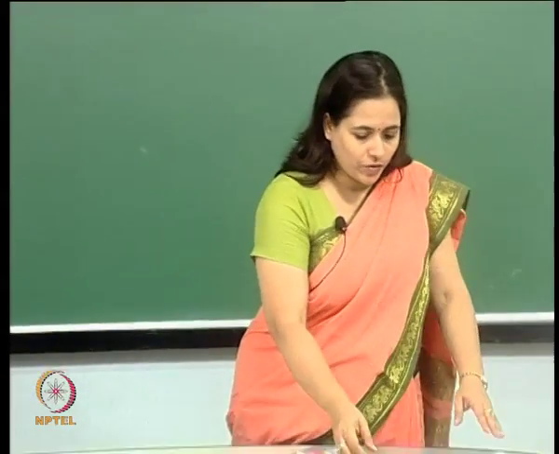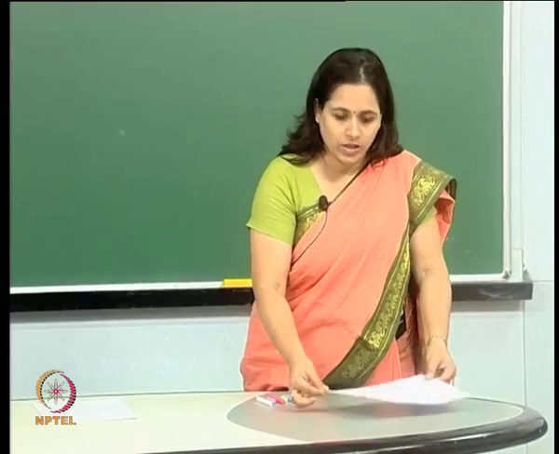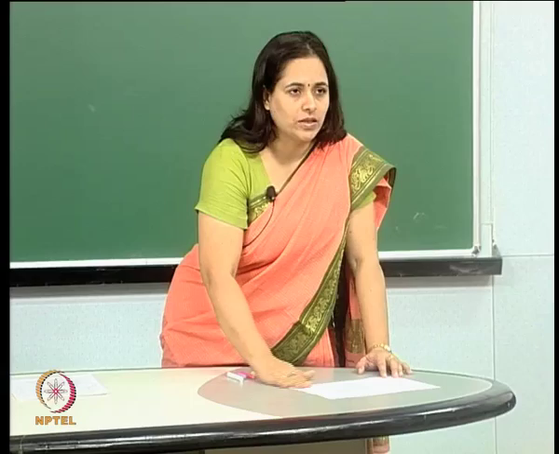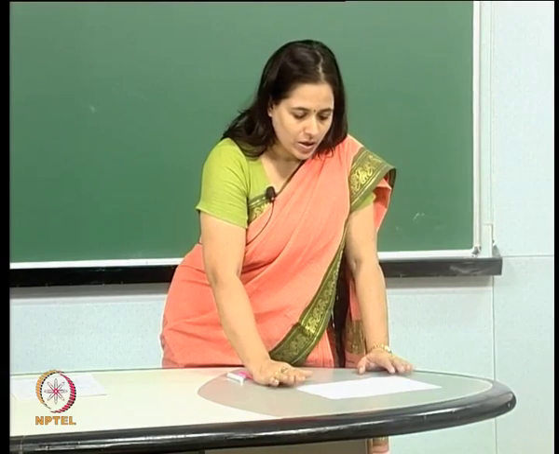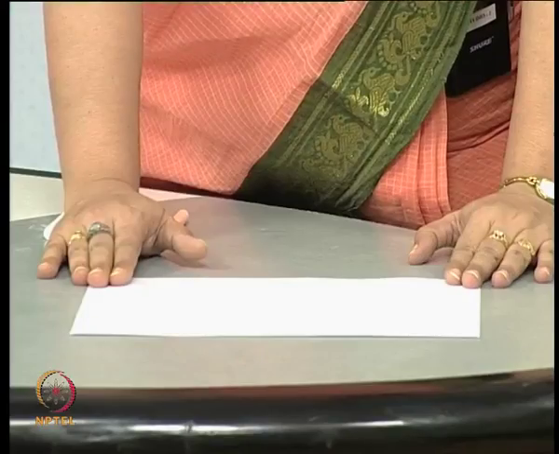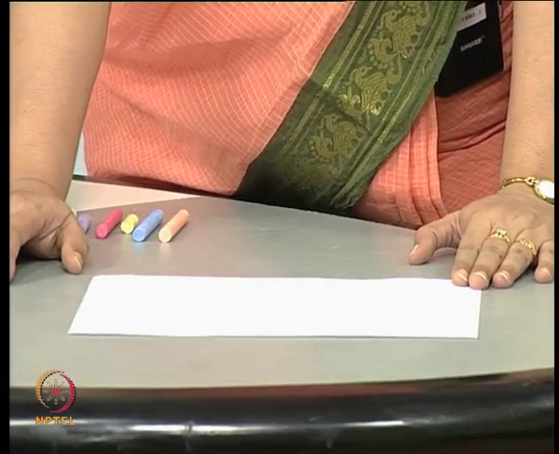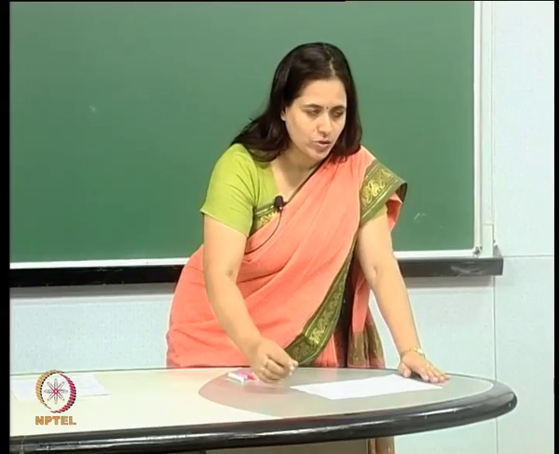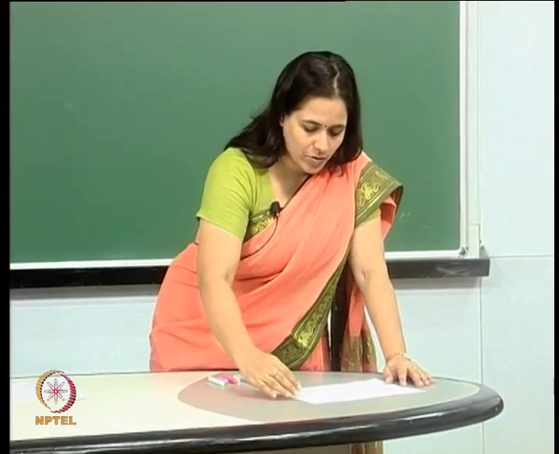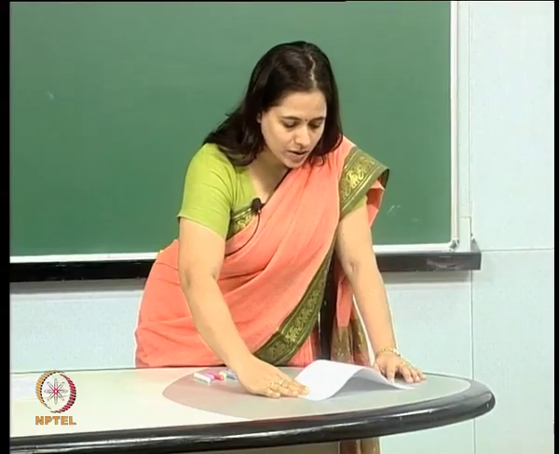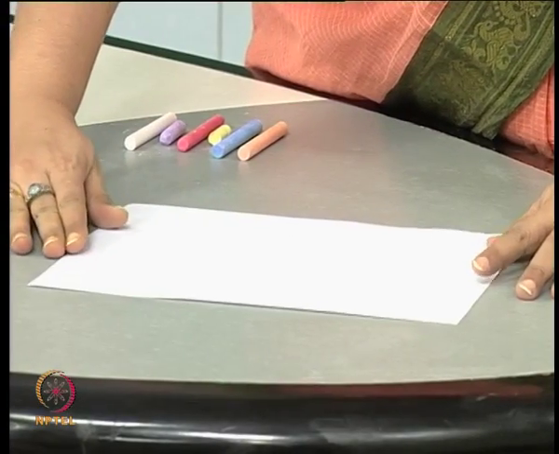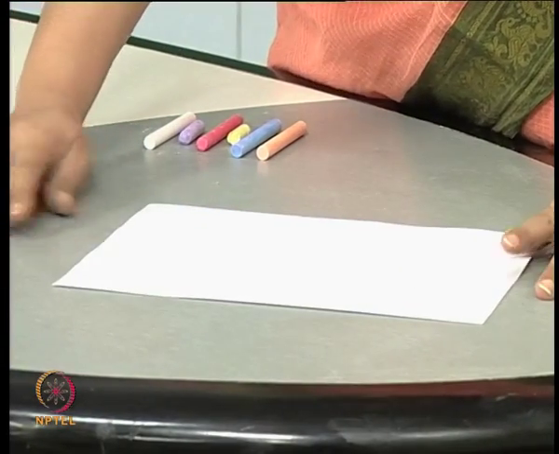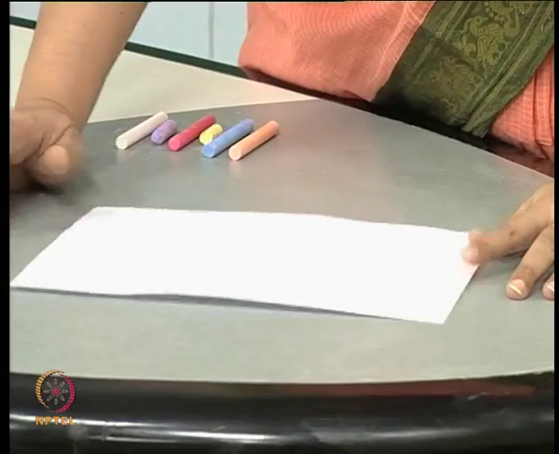You can think of this sheet of paper as the still water in the pond, and when you throw the pebble or the stone there, a disturbance is created. And how is that created? So, you have still water like that, and then you see a ripple being created. Then a disturbance is created.